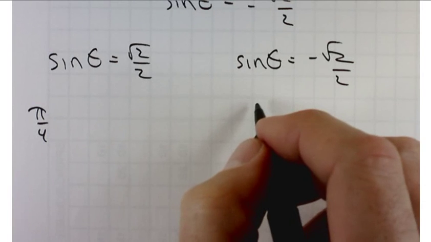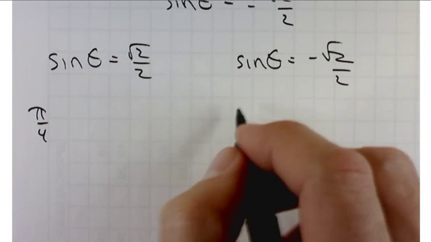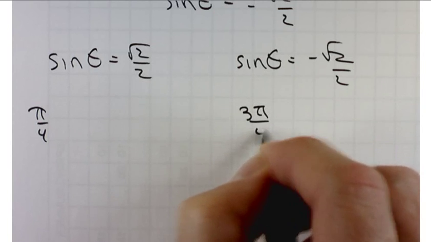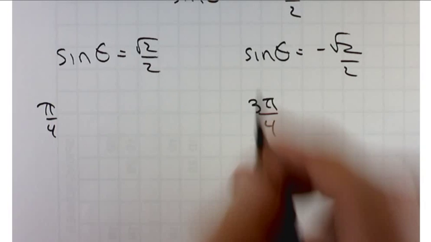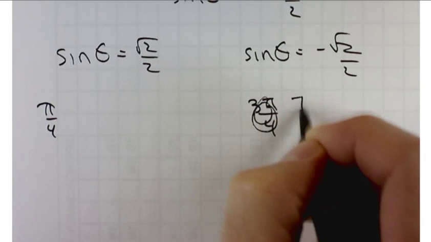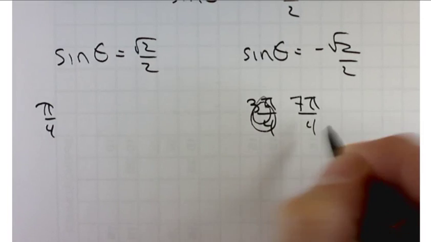Here you would also get another one, which would be negative pi over 4. We're going to call that 3 pi over 4. Yeah, man, my trig is off this morning. Thank you. 7 pi over 4.